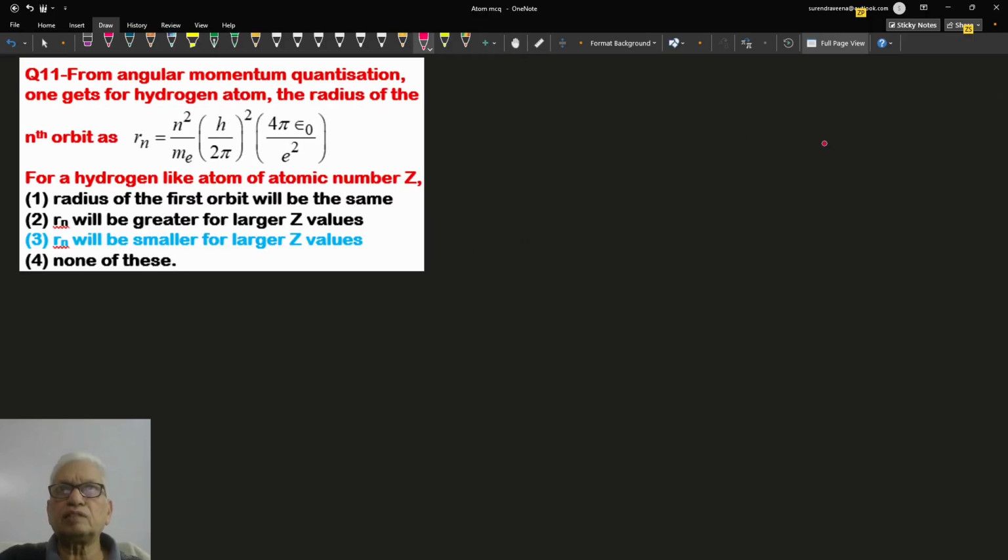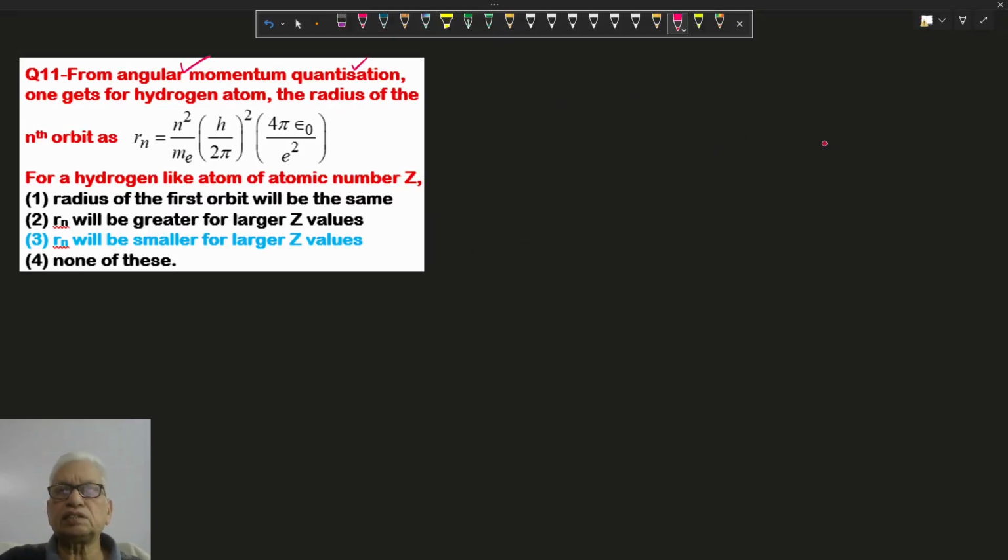From the angular momentum quantization condition for Bohr's hydrogen atom, the radius of the nth orbit is given. Now for a hydrogen-like atom where Z is not 1, we have to find the relation between radius and the value of Z. As per Bohr, attraction force and centrifugal force are equal, m v square upon r.